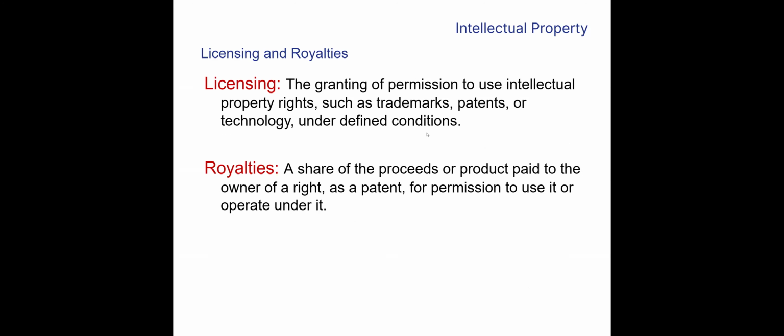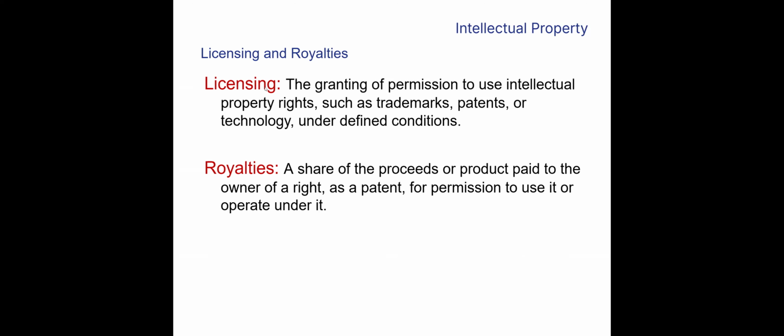Okay. So licensing. So this is the granting of permission to use intellectual property rights, such as trademarks, patents, or technology under defined conditions. So it's a contract that you set up with someone. And then usually what follows from licensing is royalties.